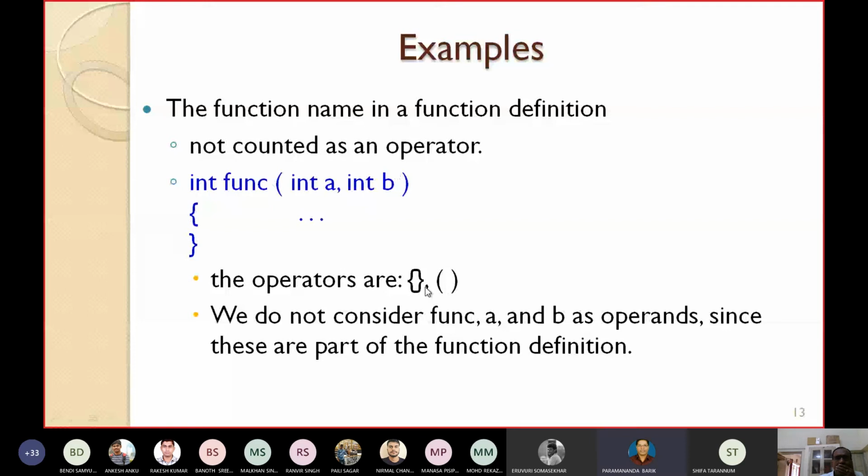Correct. So then, sir, whatever the data type integer, we have not considered it. So we're not supposed to consider it for the operator case. The function name in a function definition is not counted as an operator, of course. So operators are only these two and this, and we do not consider the function name and operands.